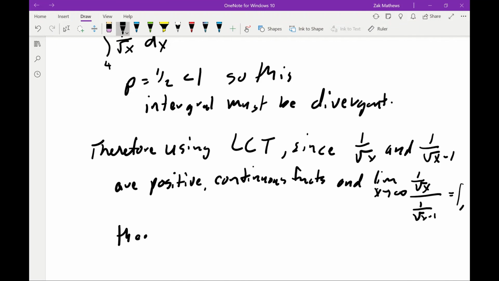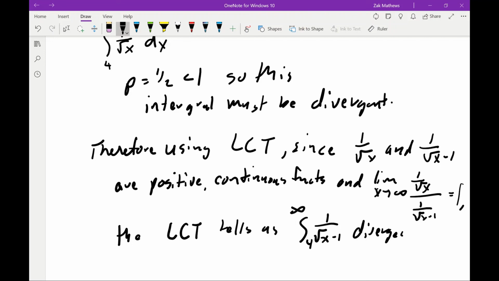The limit comparison test tells us the integral 4 to infinity 1 over square root of x minus 1 diverges since the integral from 4 to infinity of 1 over the square root of x dx diverged.